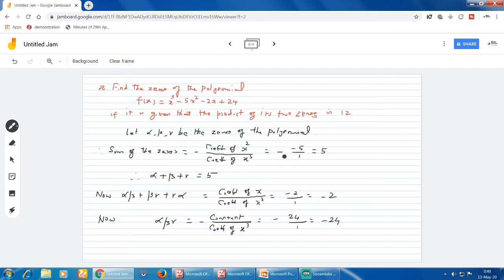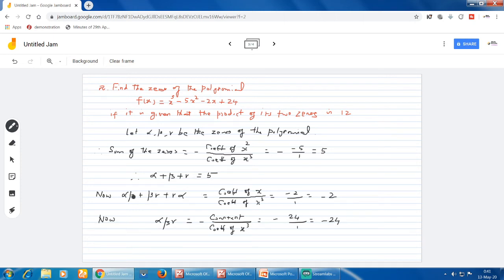You know the coefficient is minus 5 from the sum, and the coefficient of s cube is 1, so you get 5. That means alpha plus beta plus gamma equal to 5, since we are taking alpha, beta, gamma as the zeros of the polynomial.